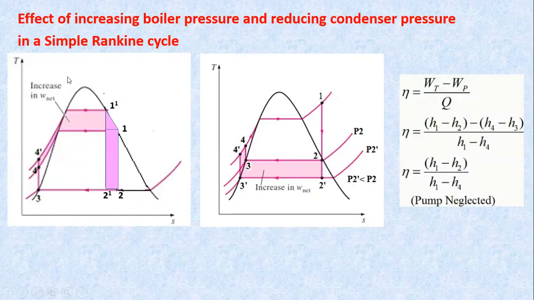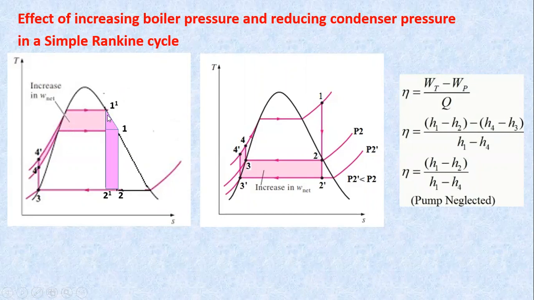This slide gives the effect of increasing the boiler pressure and reducing the condenser pressure in a simple Rankine cycle. Increasing the boiler pressure increases the net work of the cycle.